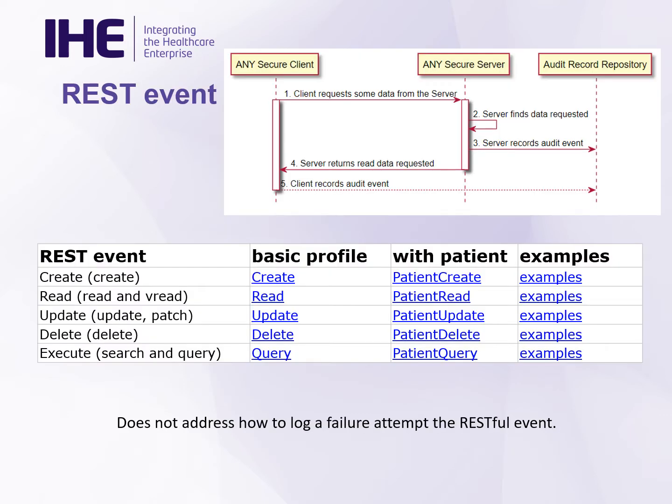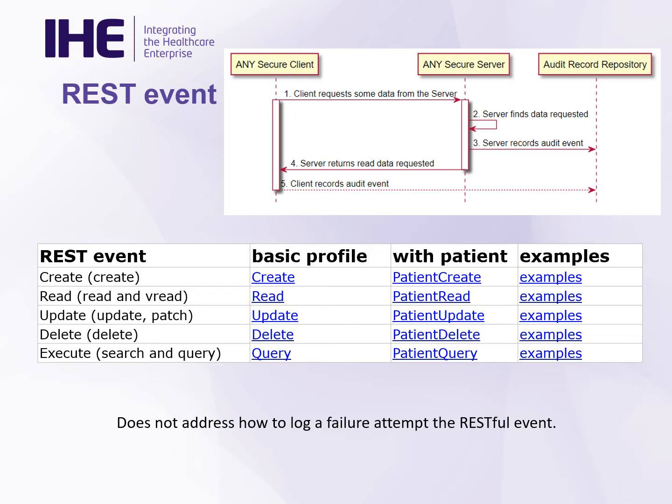So first content defined within Basic Audit is the AuditEvent for when RESTful activities happen. And you see the diagram here, diagramming just any particular secure client and any particular secure server, and they're communicating with some kind of RESTful activity in number 1, and the results are returned in number 4.